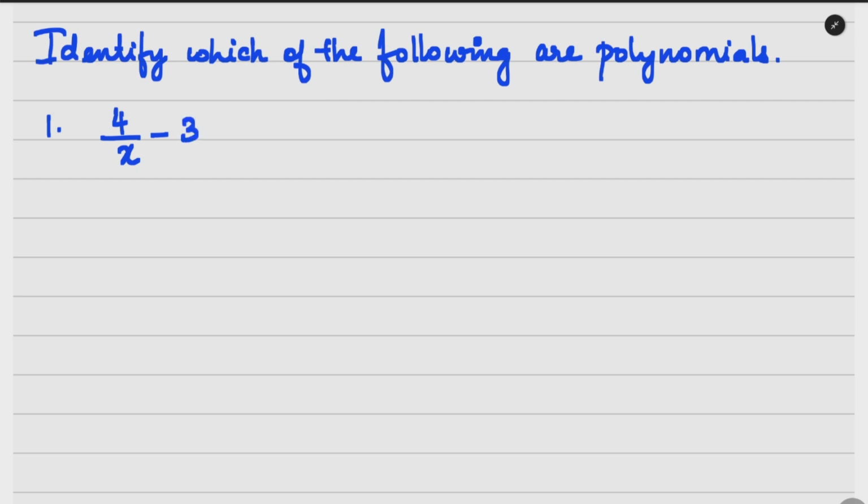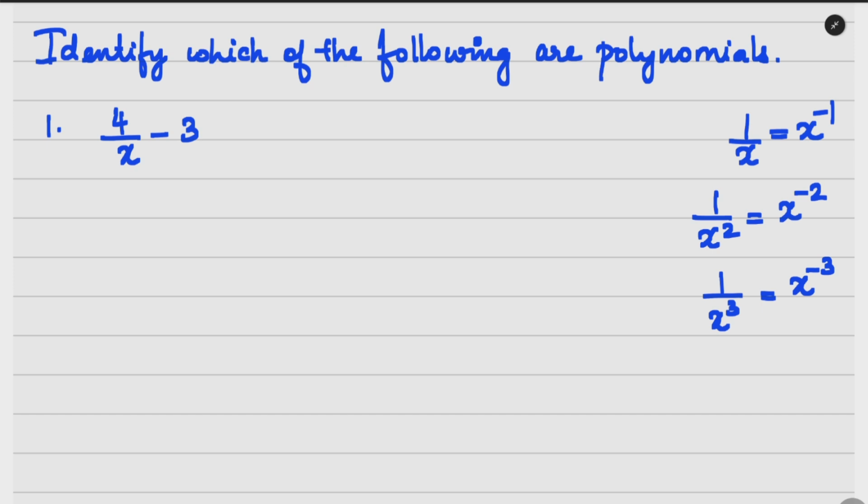So what is 1 by x? 1 by x is nothing but x to the power minus 1, right? What is 1 by x square? When you take the term to the numerator, it becomes x to the power minus 2. What is 1 by x cube? It is x to the power minus 3, right? So 4 by x is nothing but 4, and when you take x to the numerator, it becomes 4x to the power minus 1, minus 3.